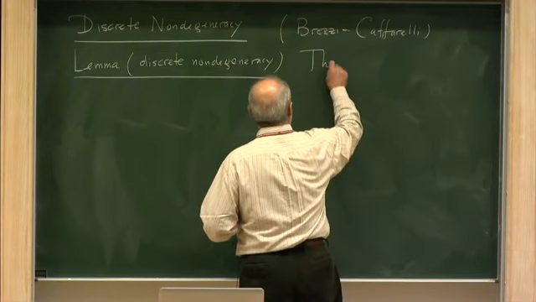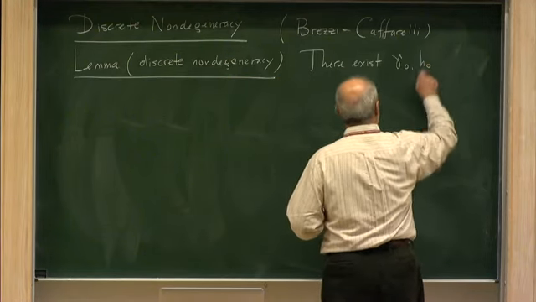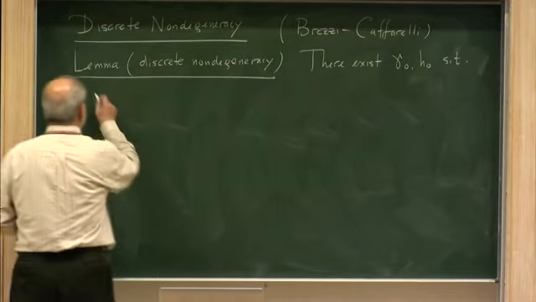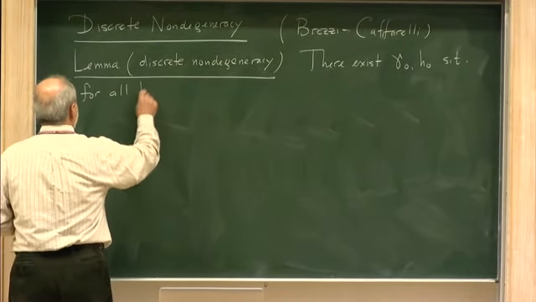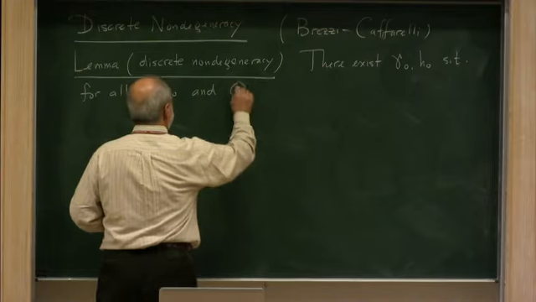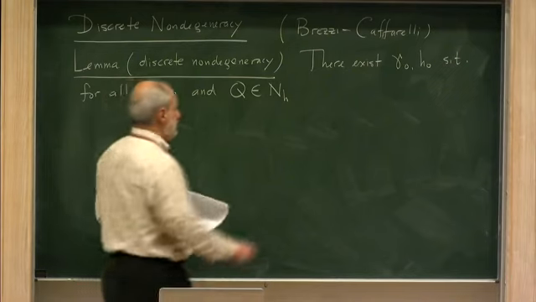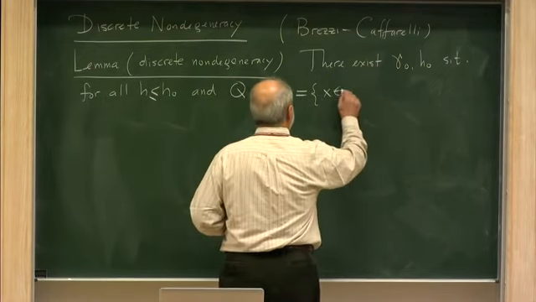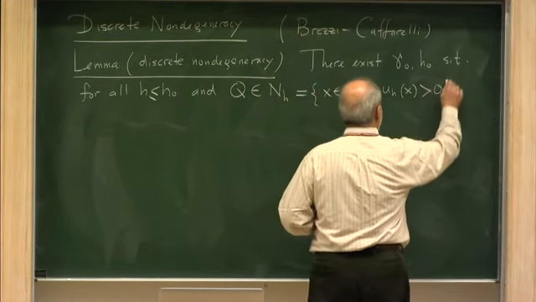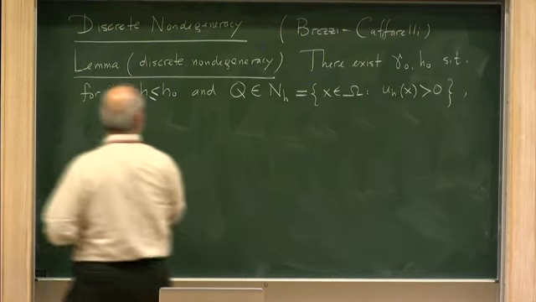So now we have two constants, gamma naught, h naught, such that the following happens for all h that are not too big and points in the non-contact set, discrete non-contact set, we have the following.